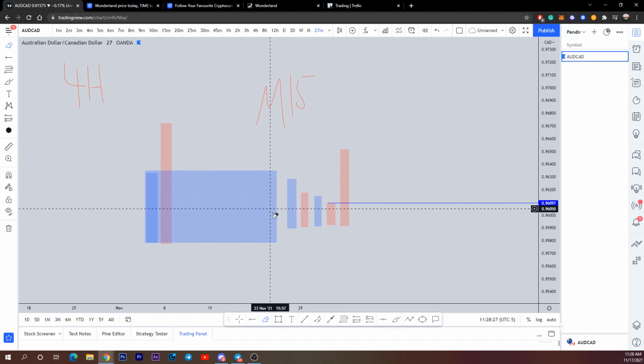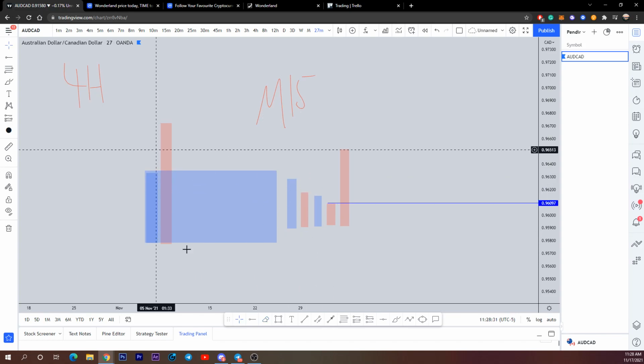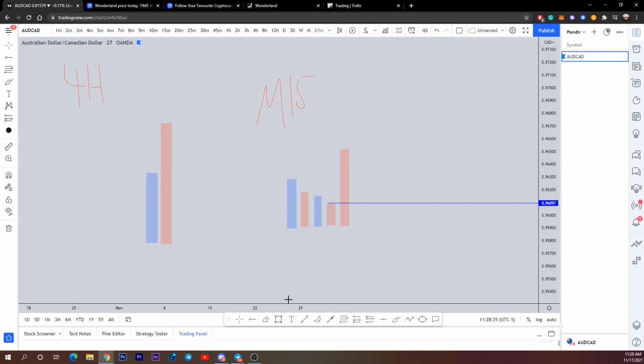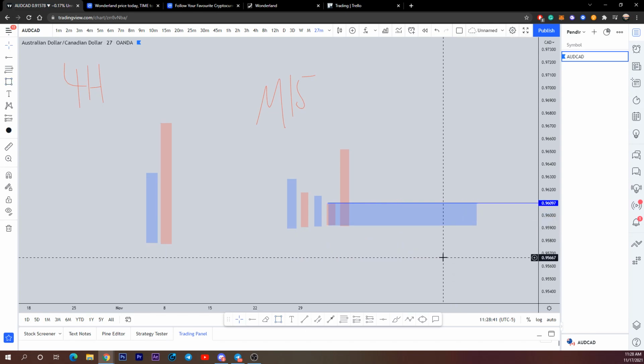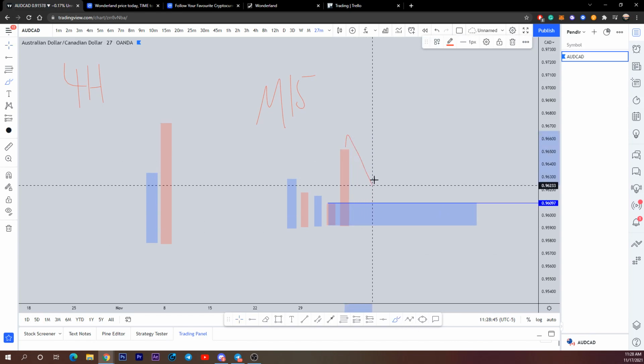So when you refine your entries, you're not trading such a broad area, right? So when we refine the entry to just this area right here, now we have a specific area that we're looking into. We can't expect the market to come in here and play around. Why? Because this is the last area that they need to mitigate.